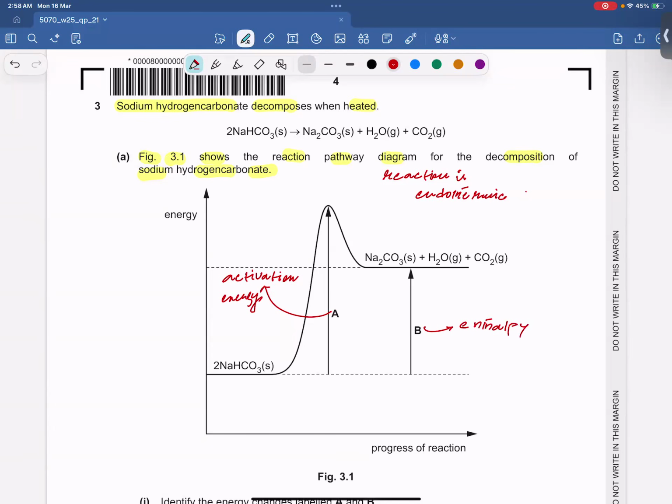And during theory classes, I've told you clearly: whenever the examiner talks about an endothermic reaction, the arrow of enthalpy change has to be upwards, because for an exothermic reaction, the enthalpy change arrow needs to be downwards. Okay, if you remember.